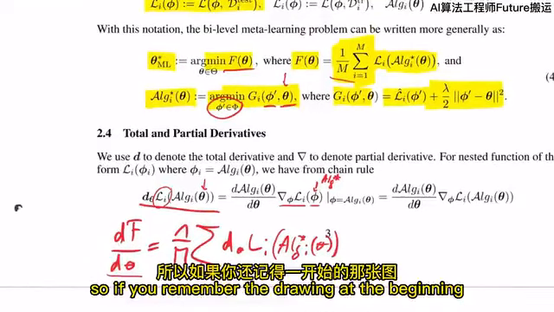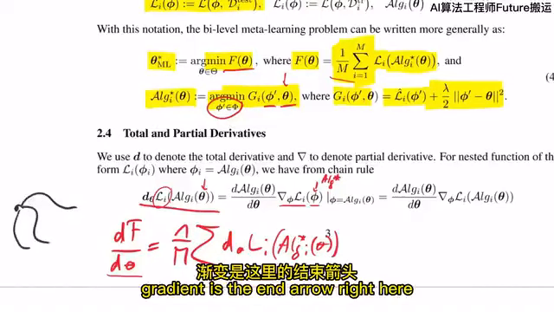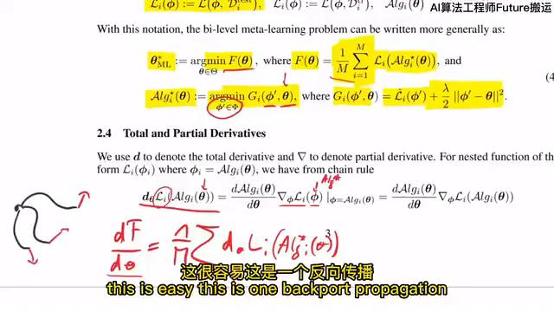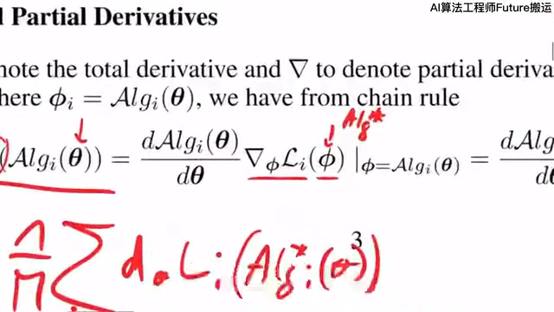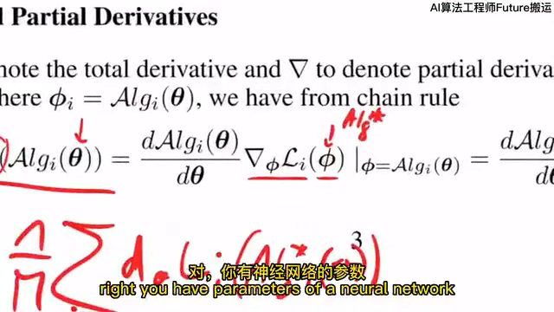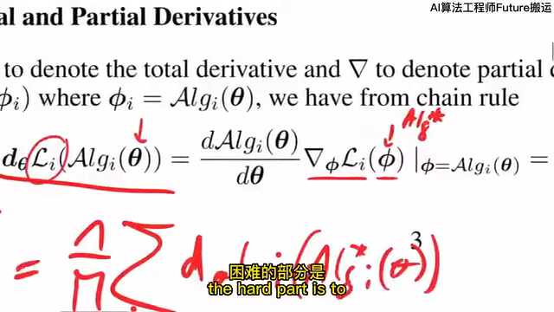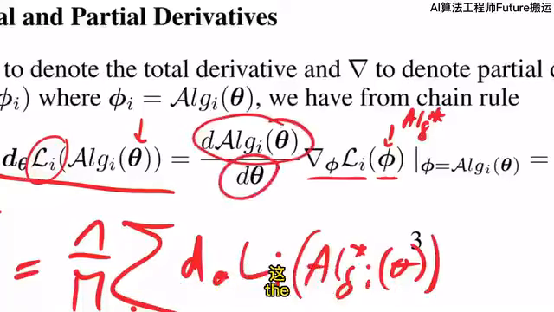So if you remember the drawing at the beginning, this gradient is the end arrow right here. This is easy. This is one backward propagation. This is regular supervised learning backprop, right? You have parameters of a neural network, a gradient for the loss function. Cool. The hard part is to have the derivative of the algorithm itself with respect to the meta parameters.